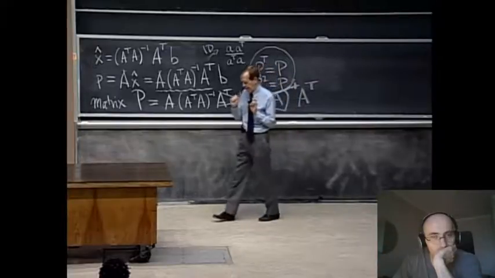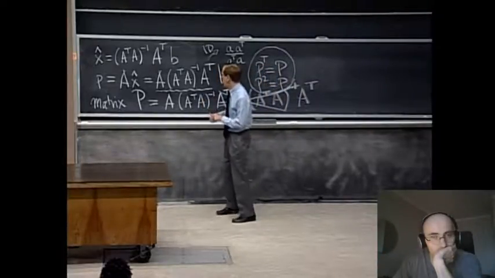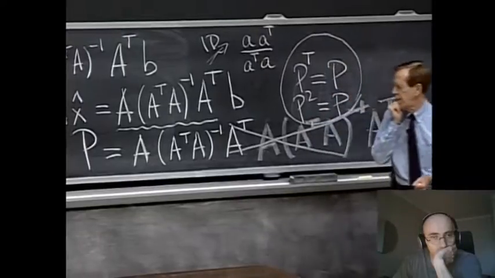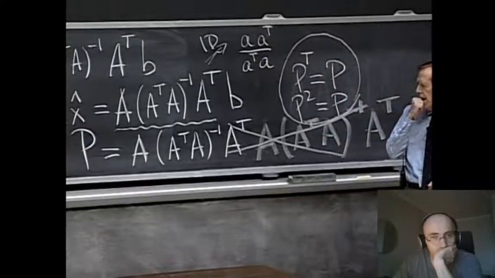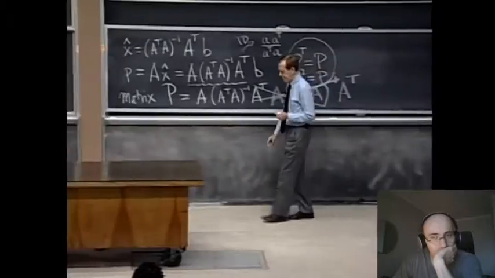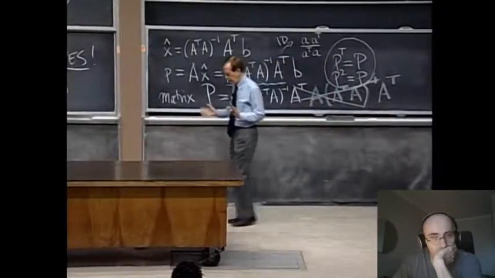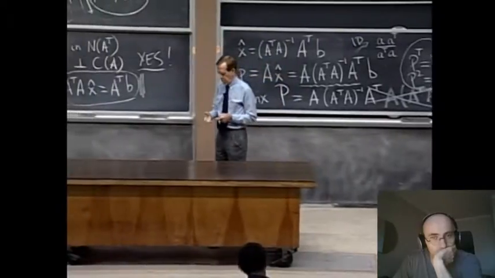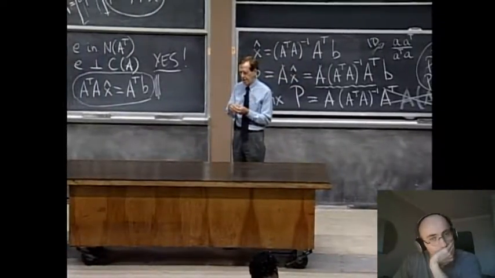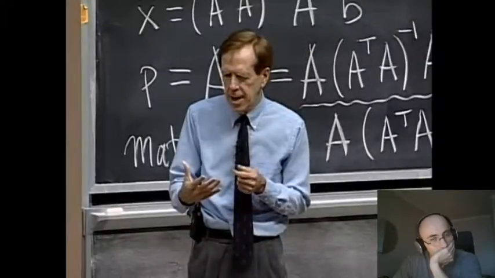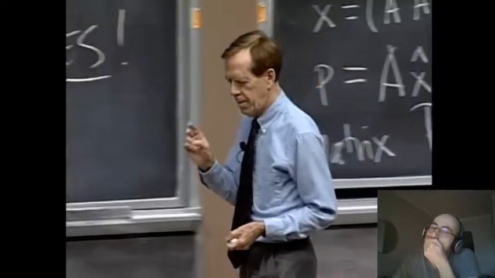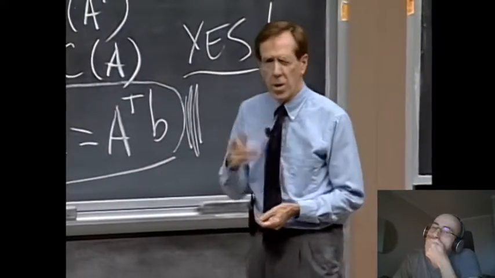Okay, we really have got now all the formulas: x hat, the projection p, and the projection matrix capital P. And now my job is to use it. So when would I have a bunch of equations? Too many equations, and yet I want the best solution.